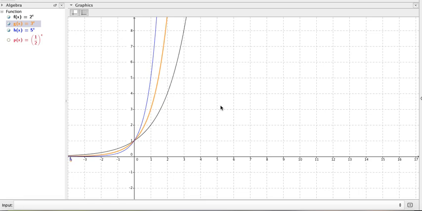Hello students, you probably remember we discussed in class that the parent exponential function has different shapes according to the base that you take. For instance, 2 power x, the black graph, will look a bit different from 3 power x and 5 power x, the other two graphs.